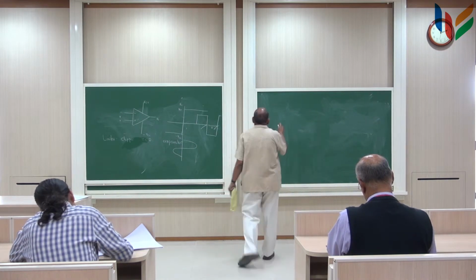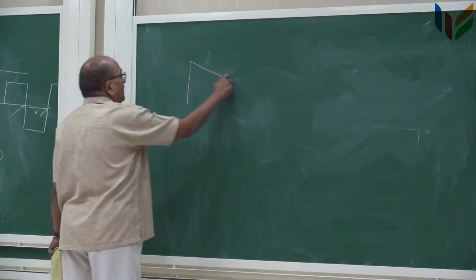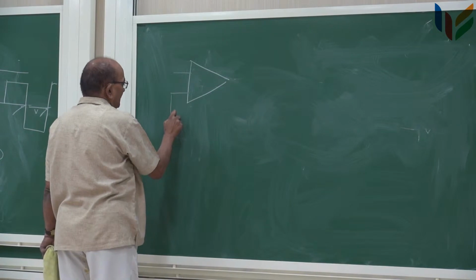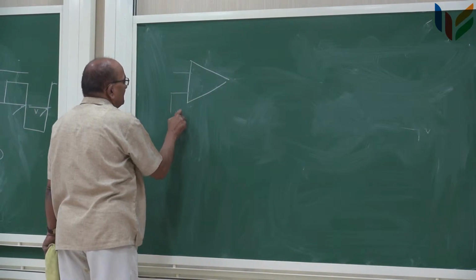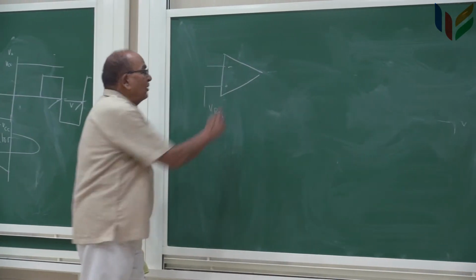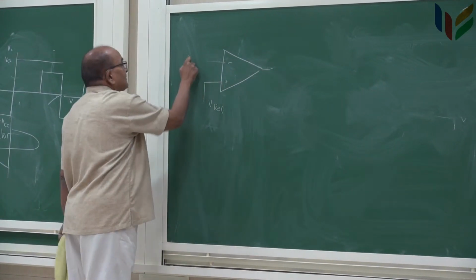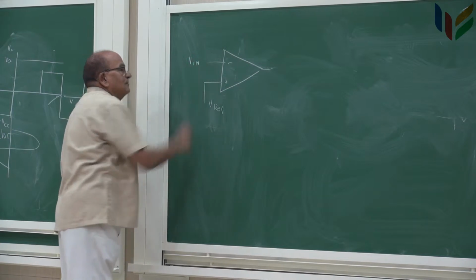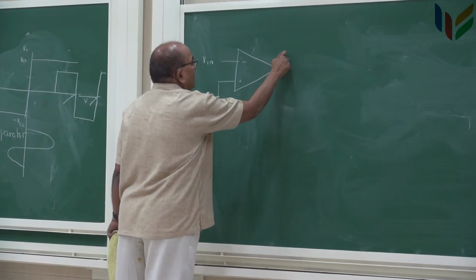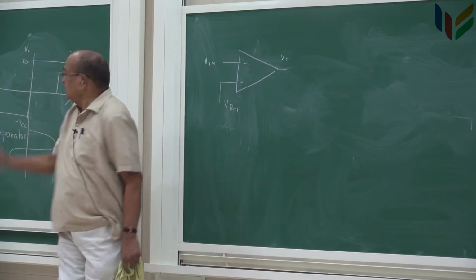I do some slight modification on this. Now what is the characteristic between V in and V out? This just gets shifted, right?